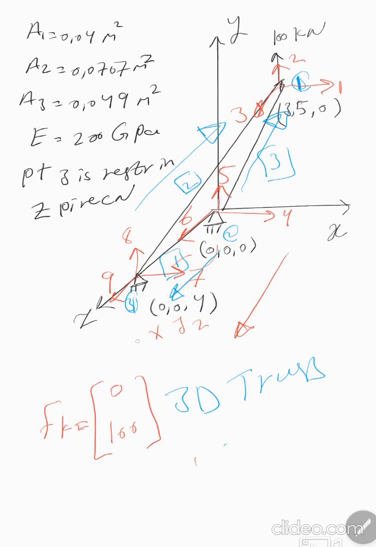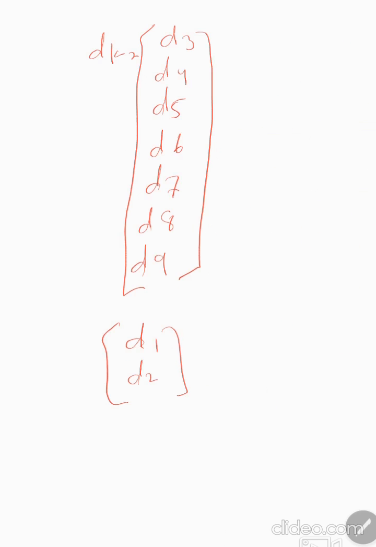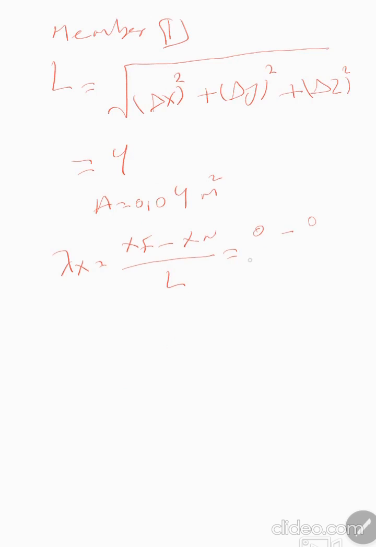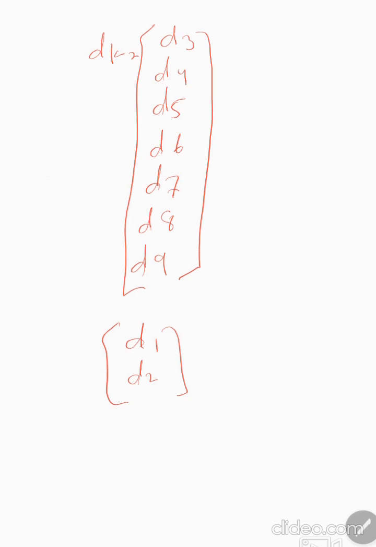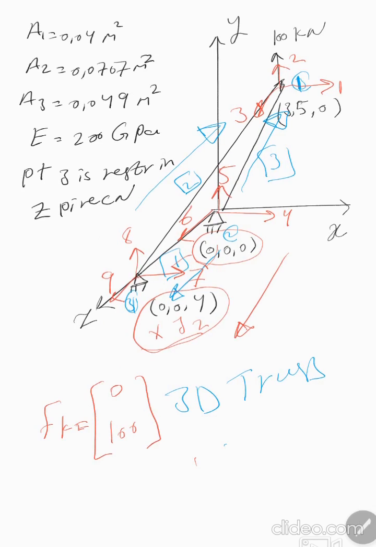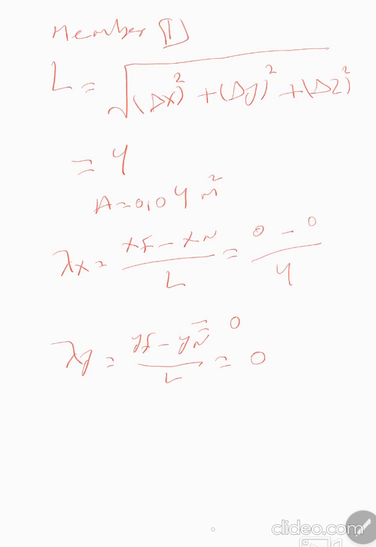Depending on these values, 0 over L, which is 4, equals 0. In the same way, lambda y equals y far minus y near over L. It will already equal 0 because in both points we have y equal 0. Here is 0, and also here is 0.